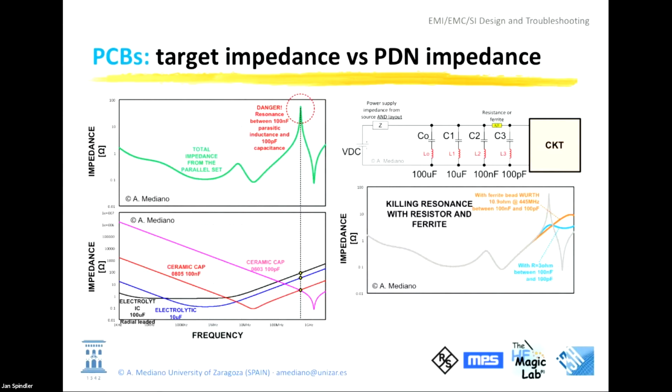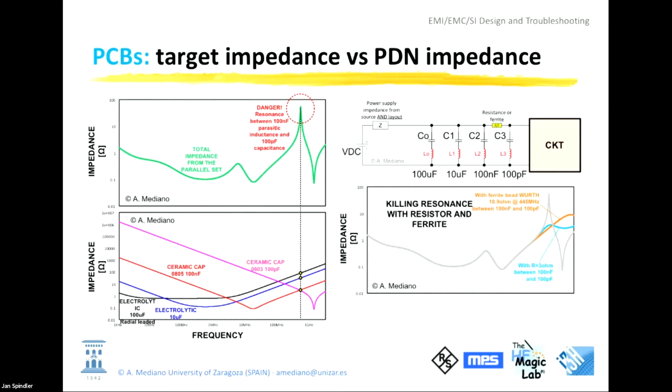The very small capacitors, SMD, you will have a high self-resonant frequency and the inductance is lower. But in some part of the frequency range, some of the capacitors are inductive and the smaller capacitor is capacitive. So what happens at this frequency? You have an inductive effect in parallel with a capacitive effect. And the resonant frequency of L and C in parallel is what? It's an open circuit, it's a high impedance.